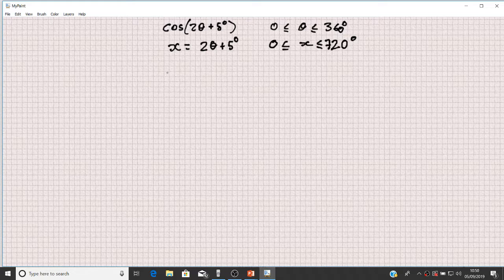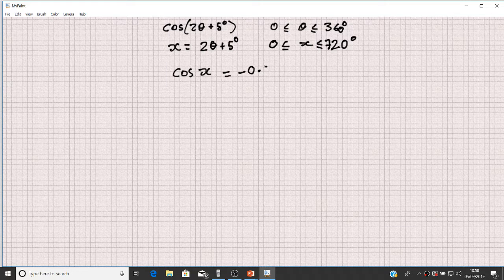So the problem we were given was, just notice I didn't actually write the full problem, we have cosine x equals minus 0.82.